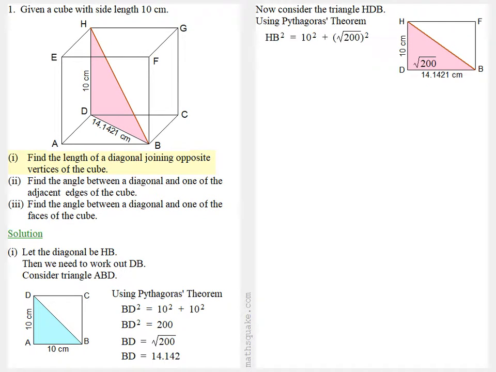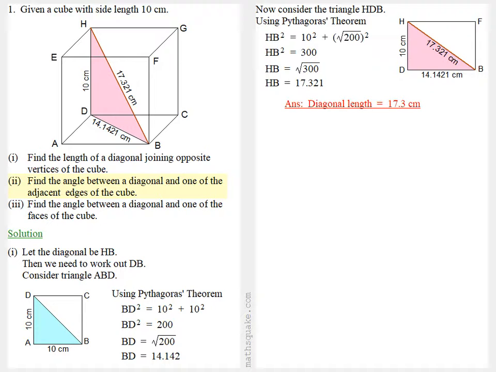Now that means HB squared equals 10 squared plus the square root of 200 squared. Or HB squared is 100 plus 200, which is 300. So HB is the square root of 300, which is equal to 17.321. So if we round off our answer to 1 decimal place, that gives us a diagonal length of 17.3 centimeters.